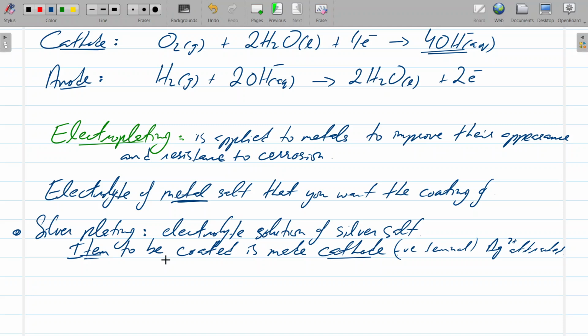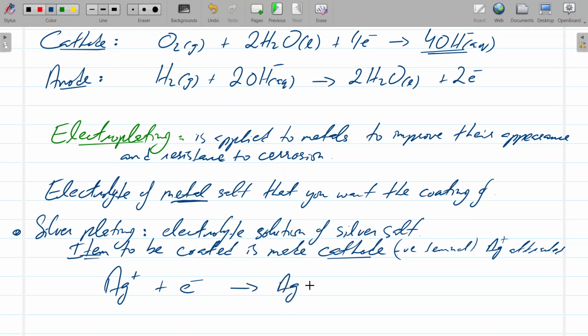The reaction at the cathode is silver ions gaining an electron and forming silver atoms.